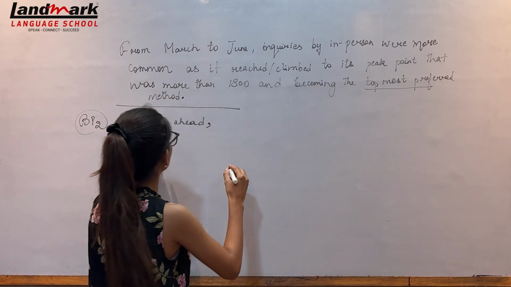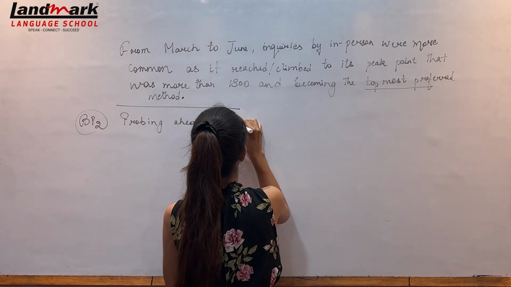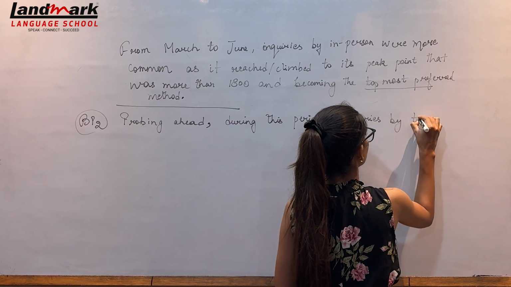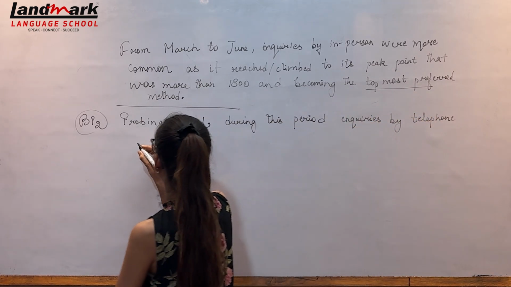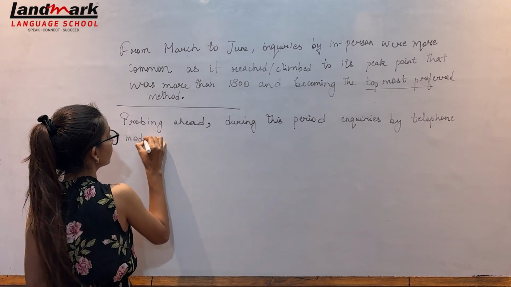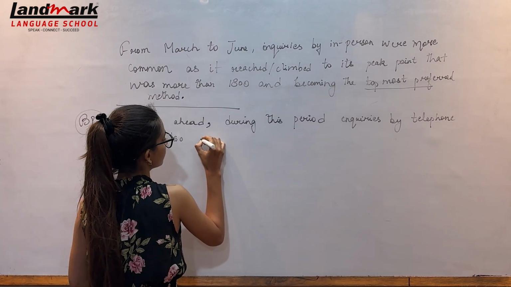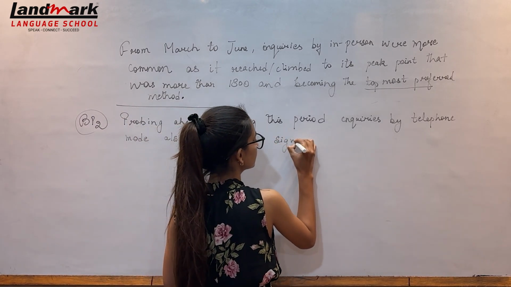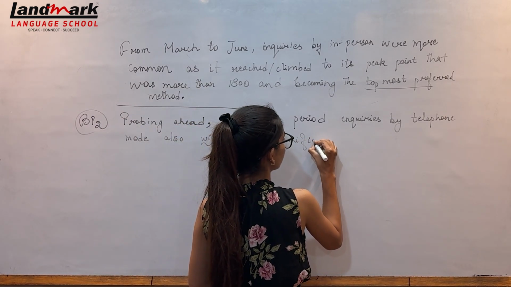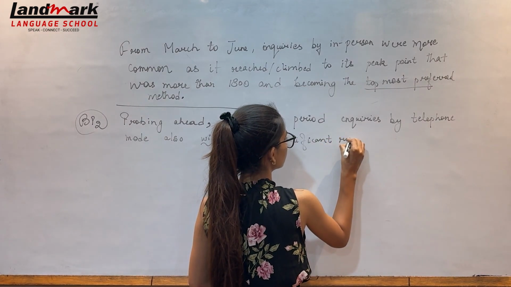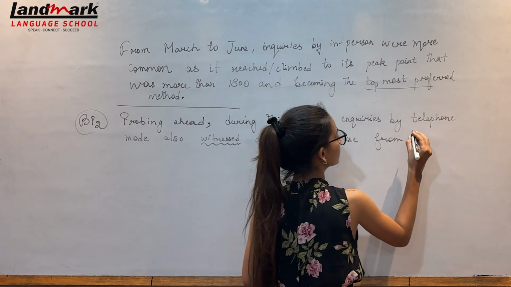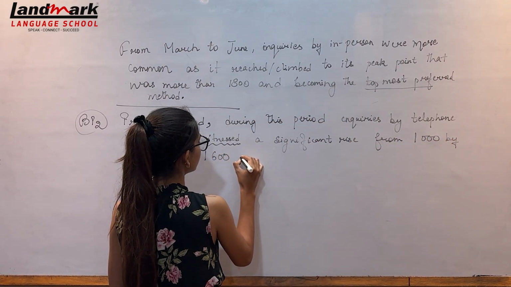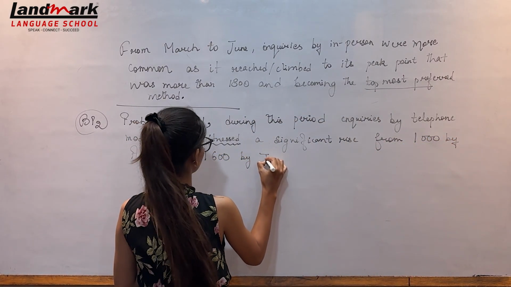So now we will say, during this period, inquiries by telephone method, telephone mode also witnessed a significant rise from 1000 by April to 1600 by June.